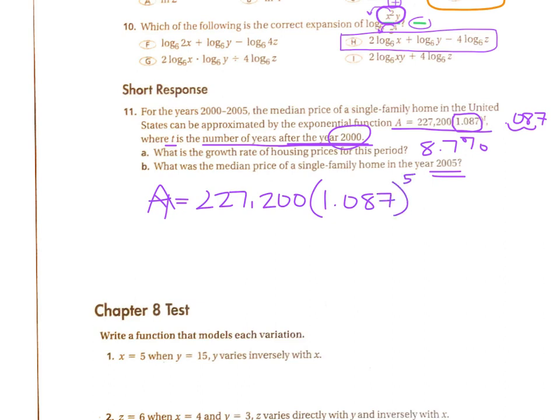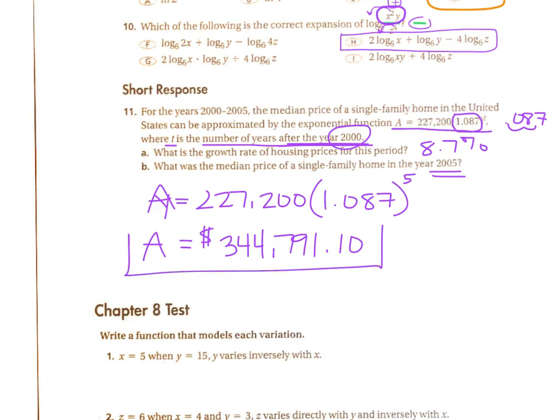And then you just take it to the 5th power, and you plug that into your calculator, and you get $344,791.10. Okay.